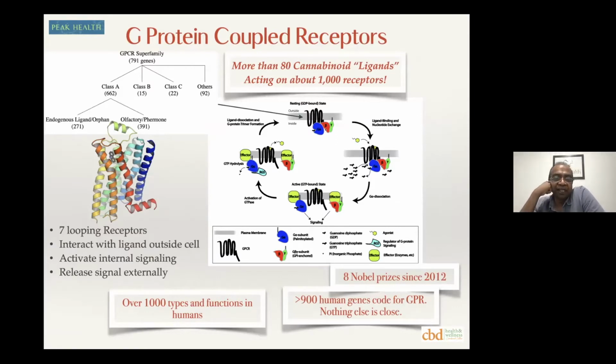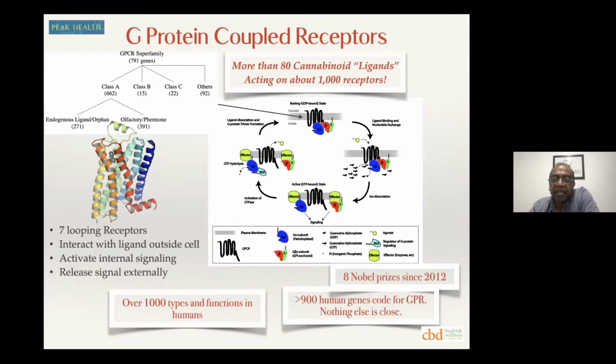So essentially, I'd like to simplify this. It's too complex a thing, but if you look at the black diagram on the right, the G protein coupled receptors have a tail on the outside. This is the resting state, and there are 7 loops. All of them have 7 loops.